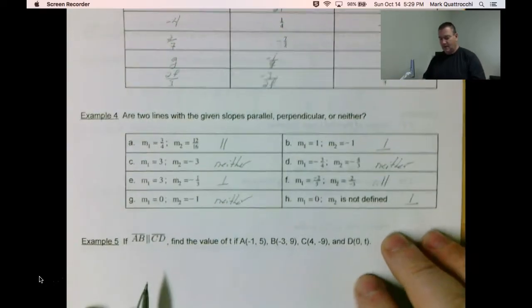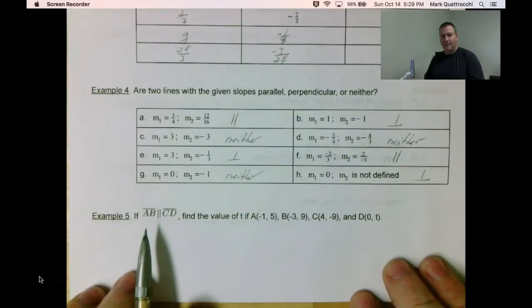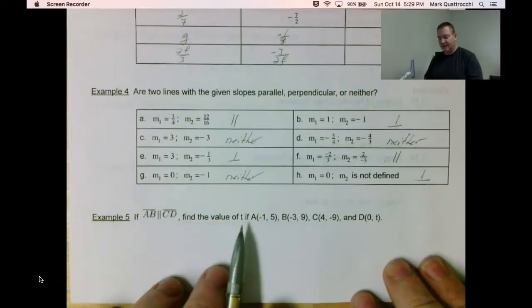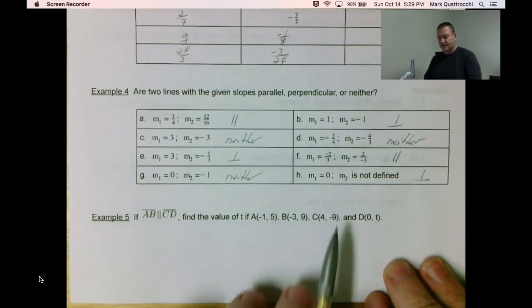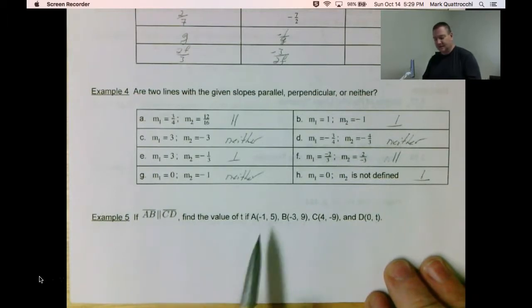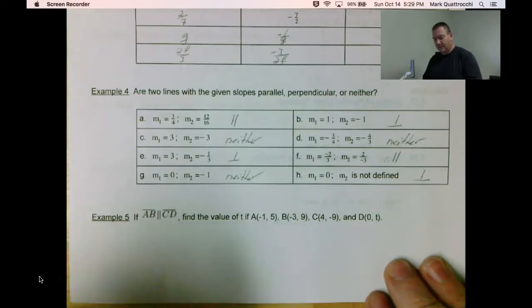Okay. If AB is parallel to CD, find the value of T. So whatever the slope of AB is, the slope of CD is going to be exactly the same. So let's find the slope of AB.